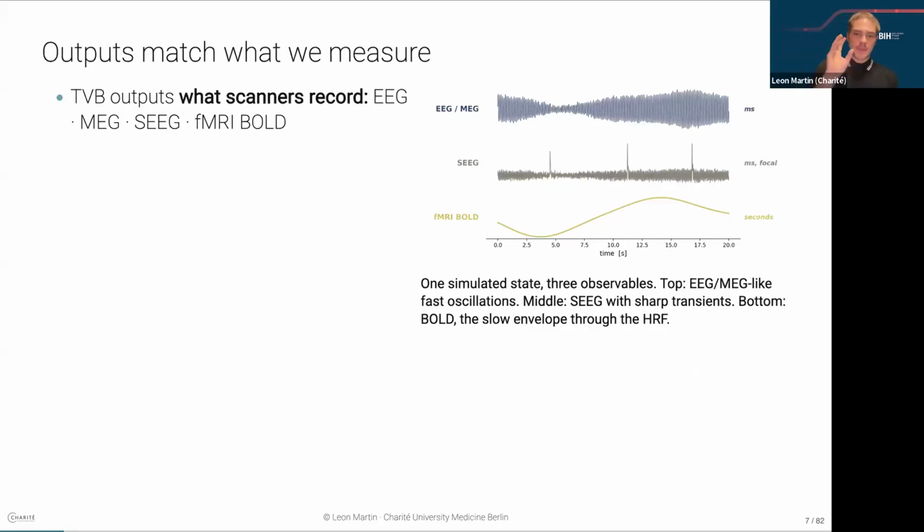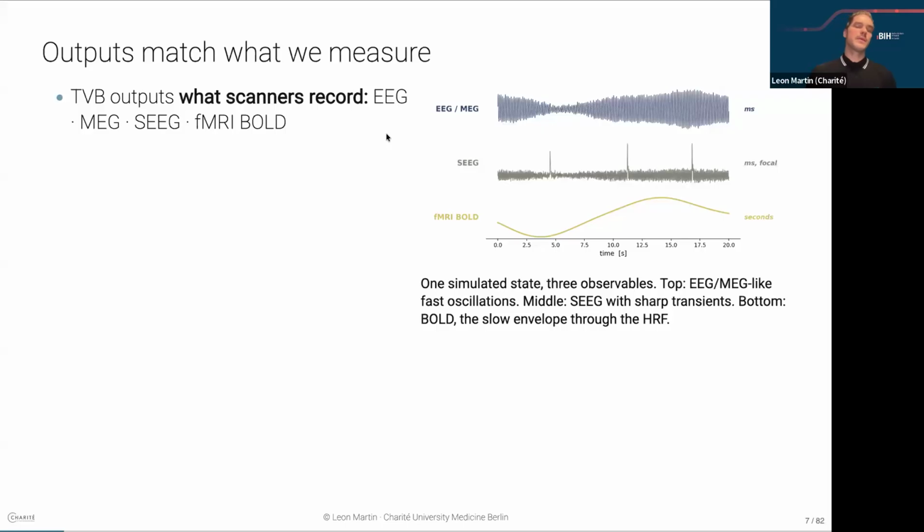So we have network dynamics, and then we also need to look at the time scale. Different measurements have different time resolutions, right? Imaging techniques like EEG or MEG are usually on the faster time scale, as are EEG strips, which are implanted.